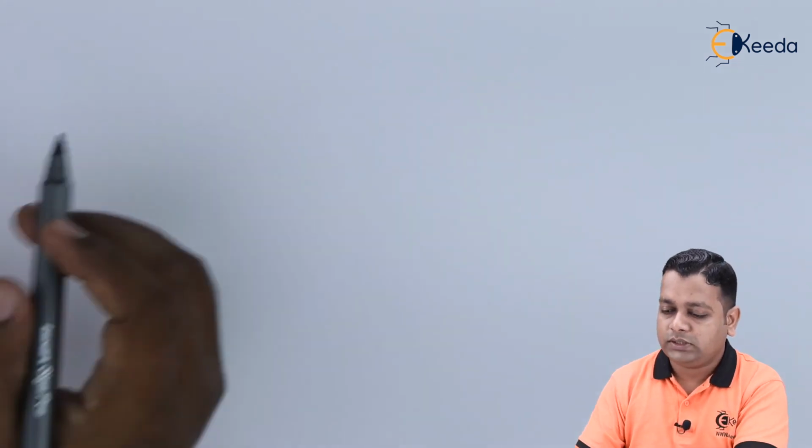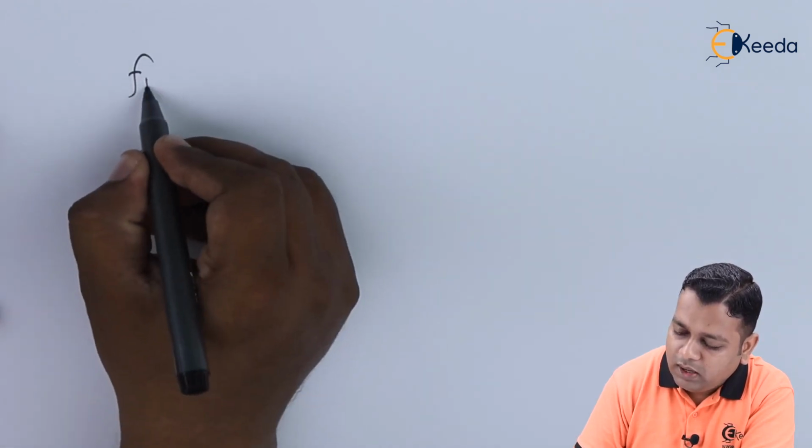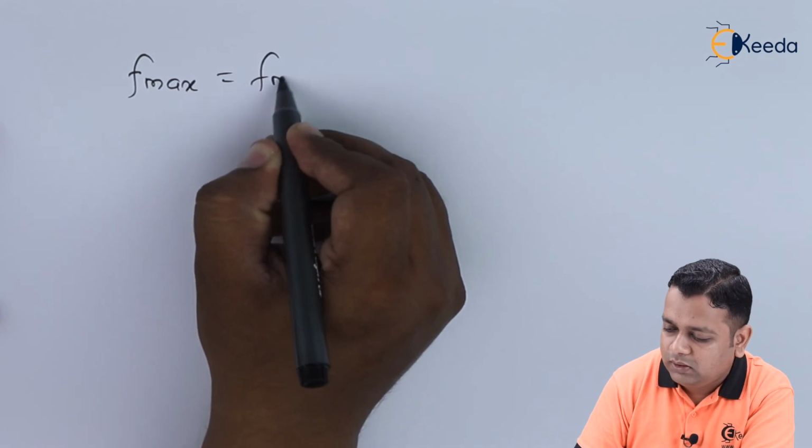Now with respect to the equivalent circuit, it will be very helpful in determination of the operating frequency. So the operating frequency at the maximum level can be denoted simply by F max or only F suffix M here.